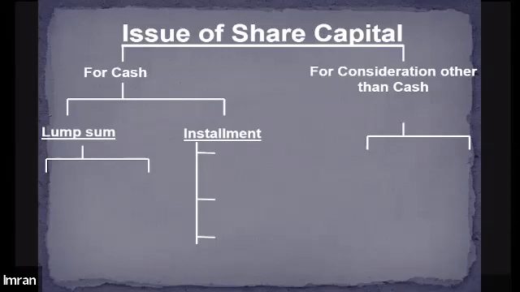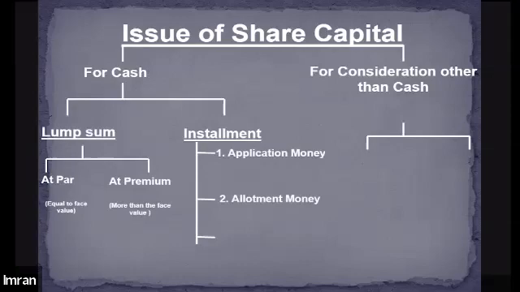That means in this case, the amount will be received from the applicants in installments. When it comes to the lump sum, it can be further divided into whether the amount is received at par or at a premium.